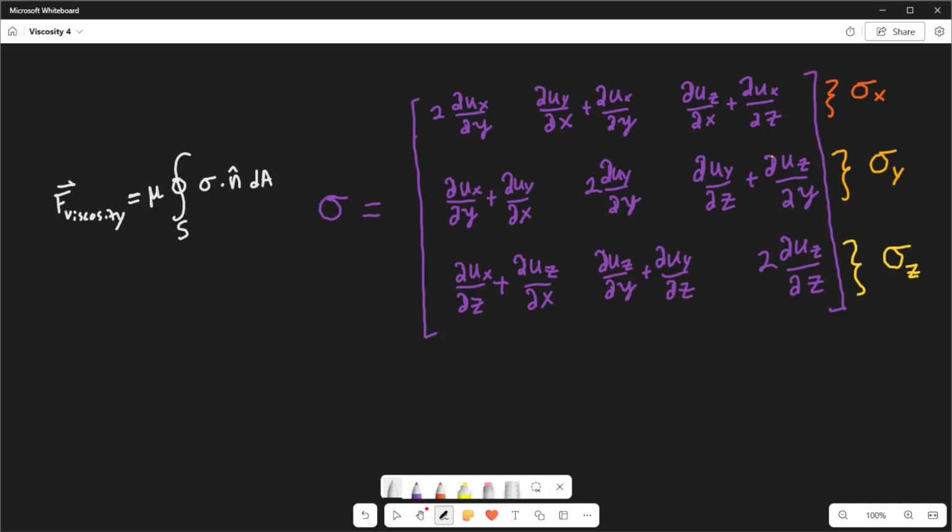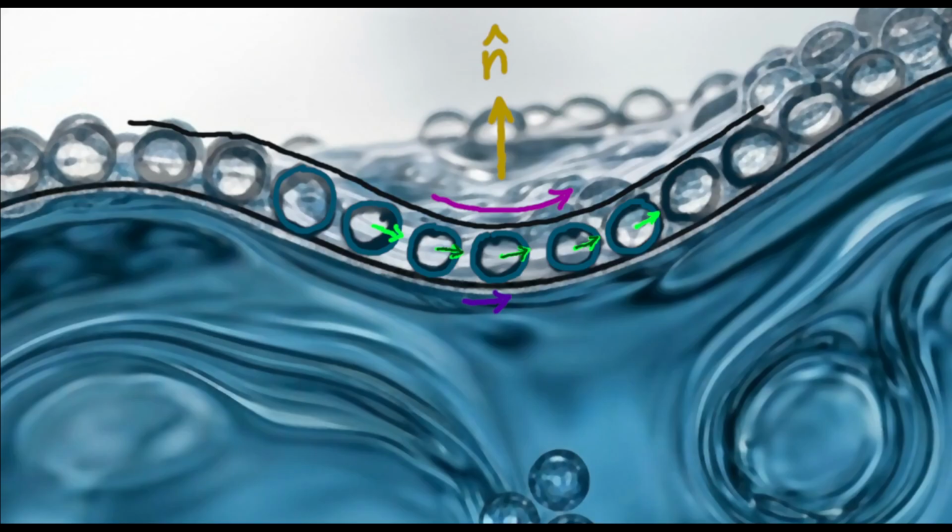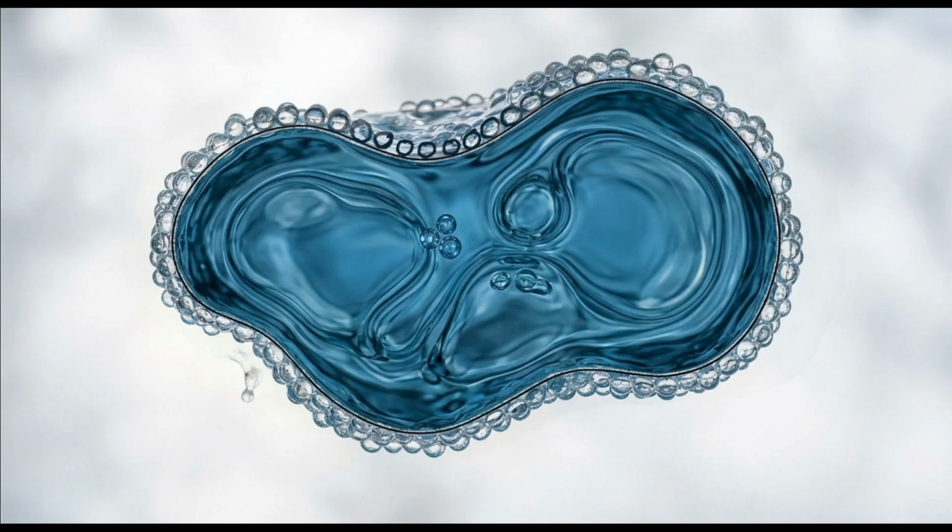So far it has been argued that there is a way to calculate the force of viscosity on a blob that's out in space.